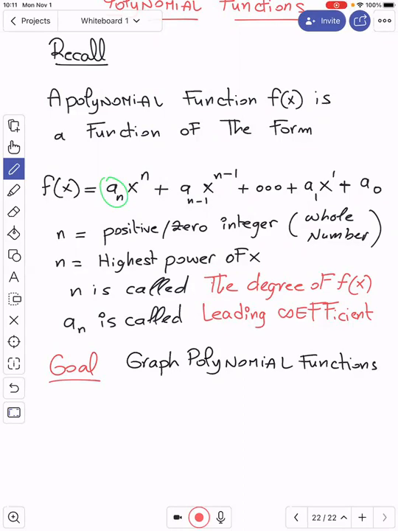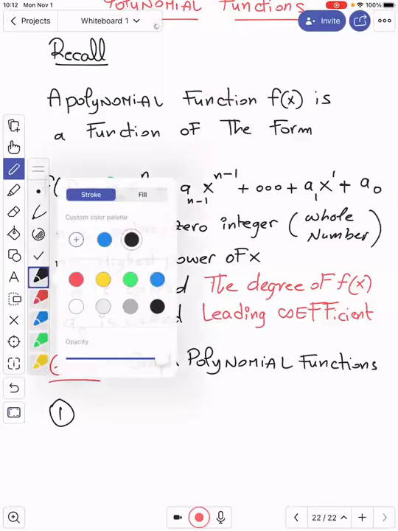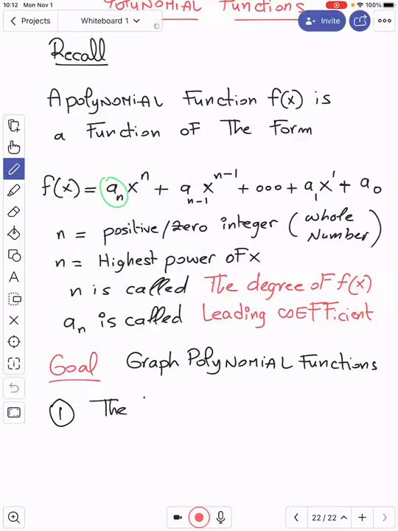First, we discussed the behavior of polynomials at infinity. We're going to use this to graph polynomial functions.